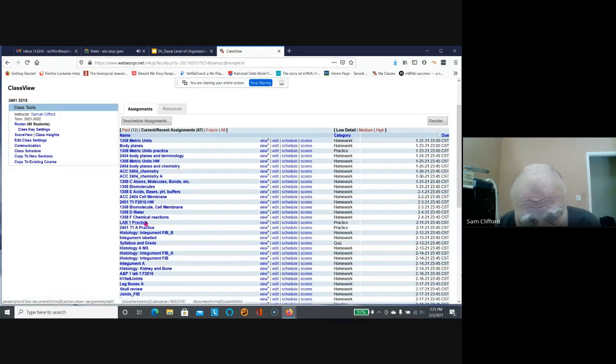Here's the lab 1 practice. Here's the test. So these are two separate tests. They'll be available from like the 11th to the 13th. And I will be readjusting these assignments. So you notice the tissues that we just talked about we'll take care of here. And then we'll get into the skin, joints and bones, and so on.